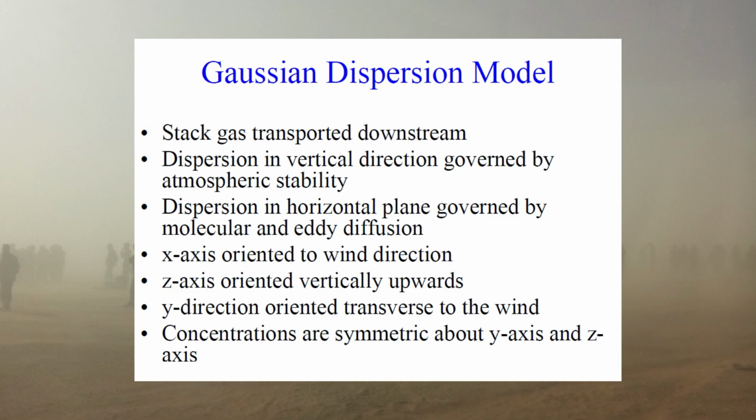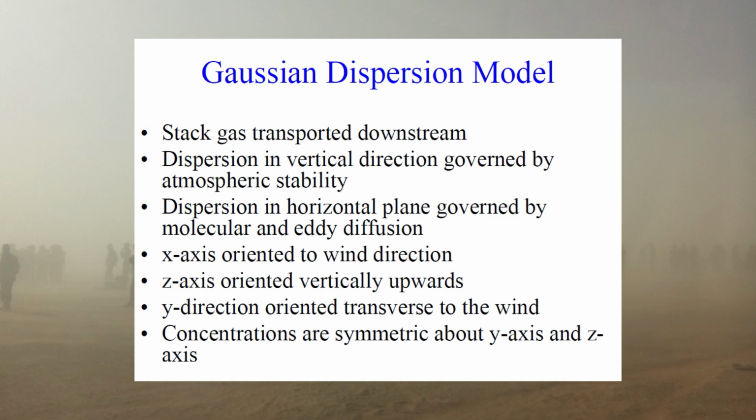Dispersion in the vertical direction is governed by the atmospheric stability, and the atmospheric stability is a natural atmospheric phenomenon, which I'll come to later. The vertical movement of the plume is mainly governed by the atmospheric stability, whereas the horizontal movement, that is the y-axis, is governed by the molecular and eddy diffusion.